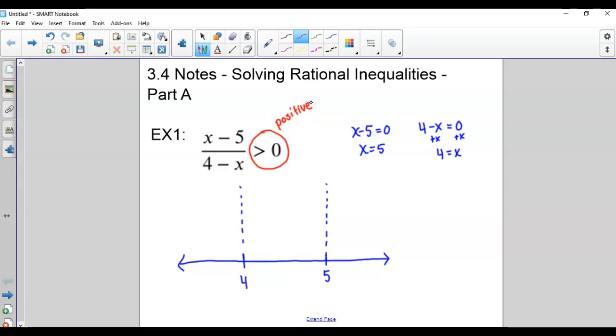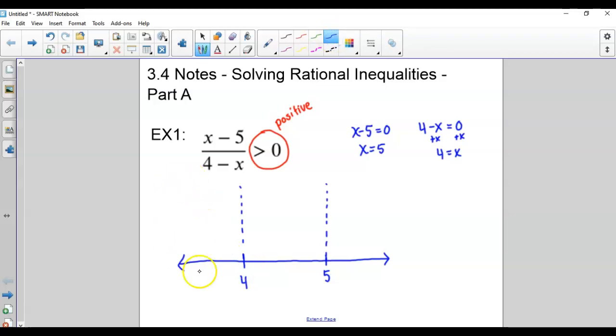So I want to know which section here is going to give me a positive answer. 4 and 5 should be the numbers where the value of the expression changes from positive to negative or negative to positive.